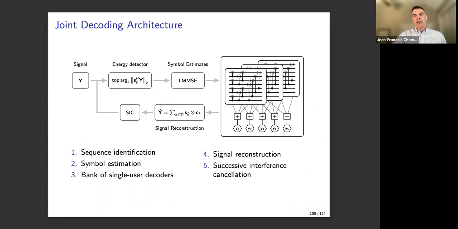This block here is supposed to be reminiscent of a polar code. And so I'm going to do single user polar decoding on all of these, by treating the output of my LMMSE as likelihoods.